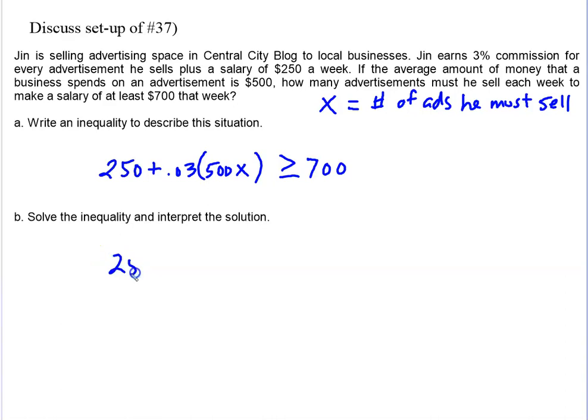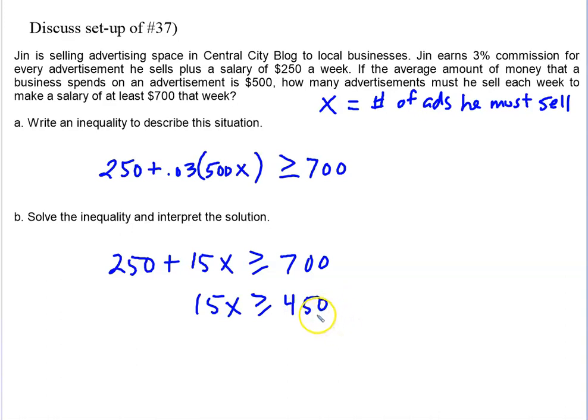So if you go to 0.03 times 500, and then you subtract 250 from both sides, and divide by 15.